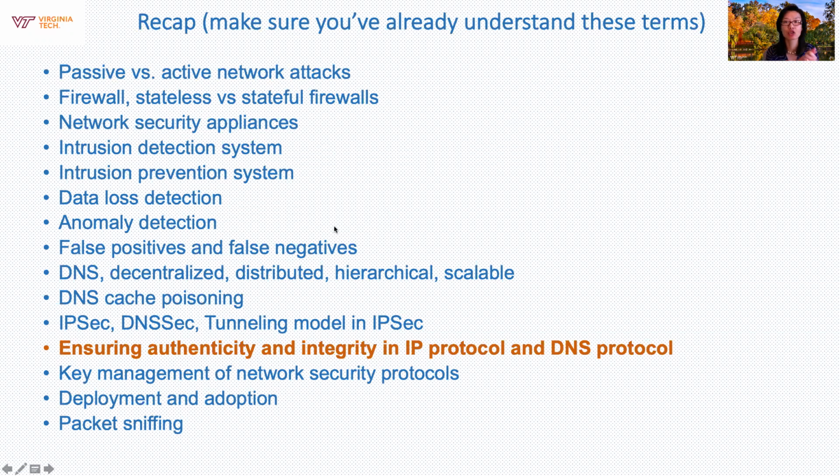Recap: last time we talked about firewalls, stateful versus stateless firewalls, intrusion detection and prevention systems, anomaly detection, and we talked about how different layers of the network protocol can be made secure. The IP layer can have IPsec to ensure authenticity and integrity.